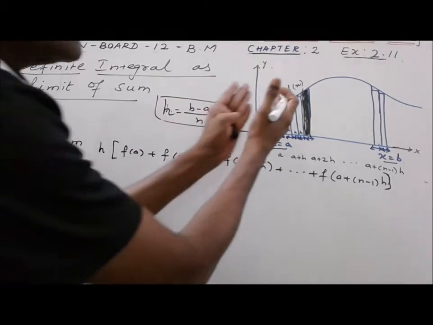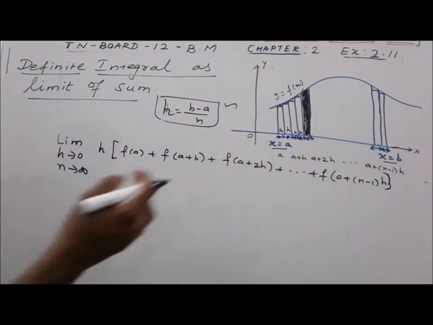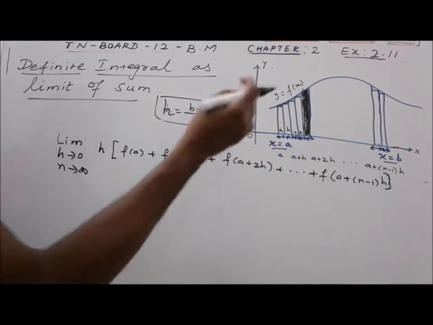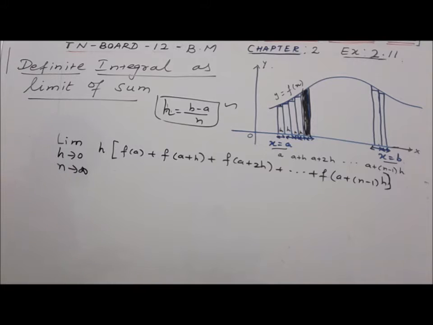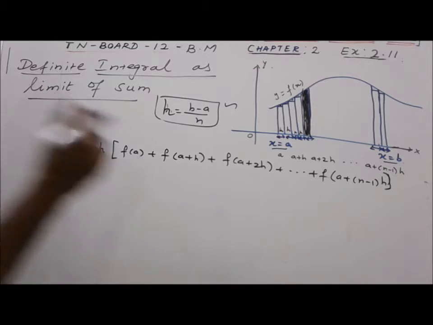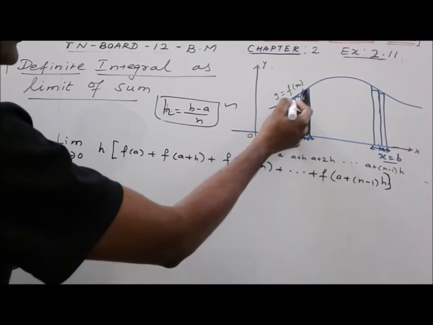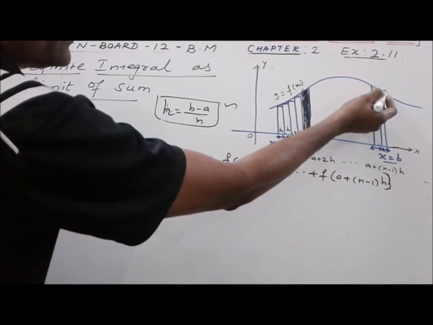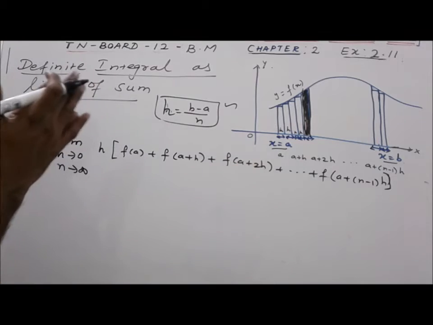That means there is no gap from one part to another part. So when we apply the limit h tends to 0 and n tends to infinity, the small left-out areas of triangle shapes are also covered.